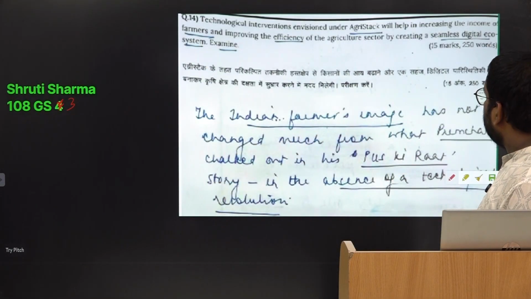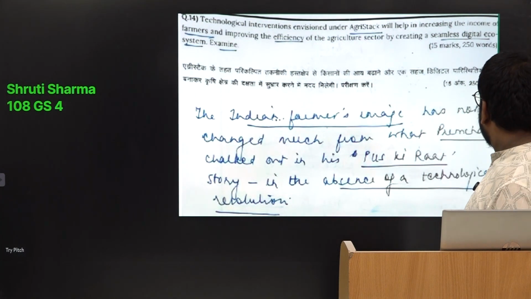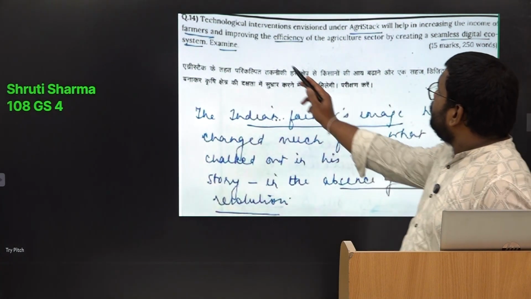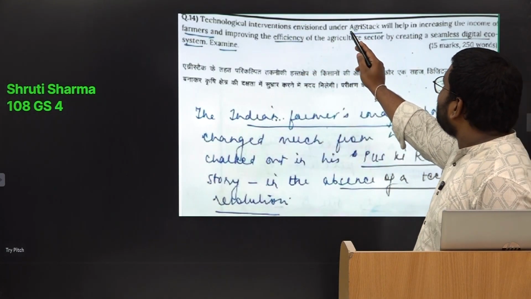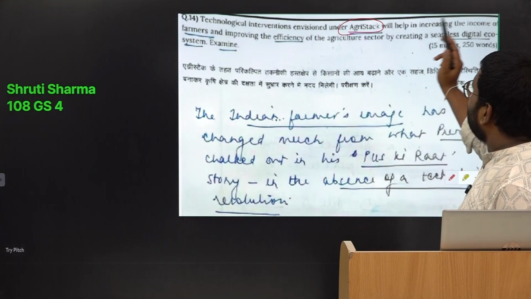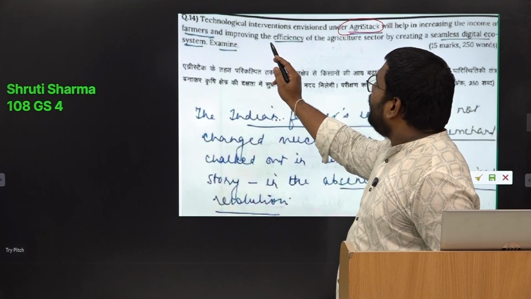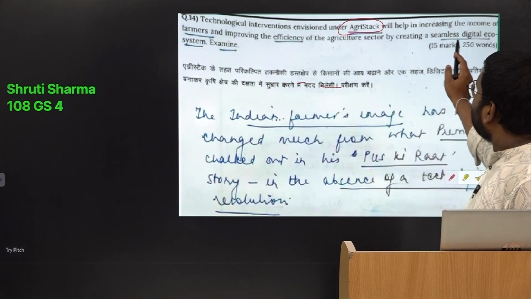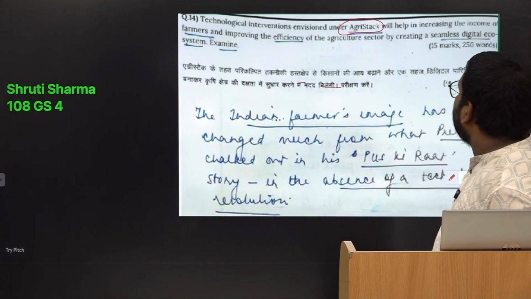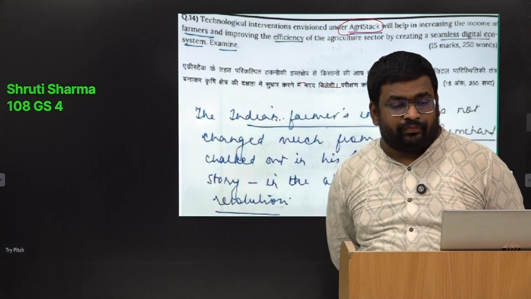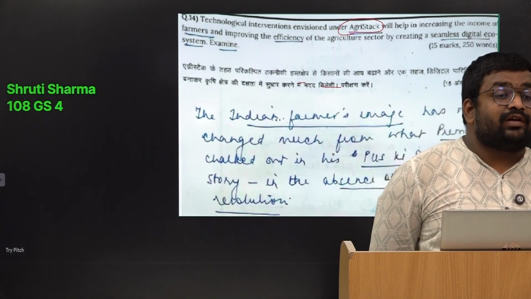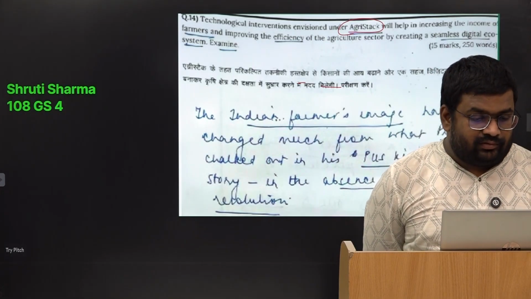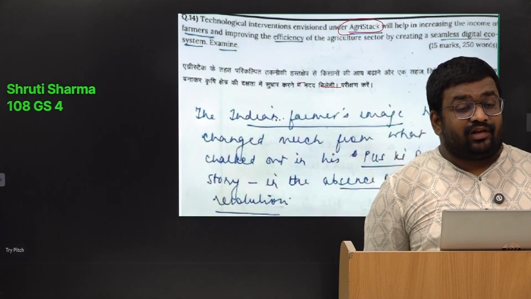The question was: technological interventions envisioned under AgriStack will help in increasing the income of farmers and improving the efficiency of the agriculture sector by creating a seamless digital ecosystem. So basically the micro theme is agriculture technology. Right, it is in GS3.